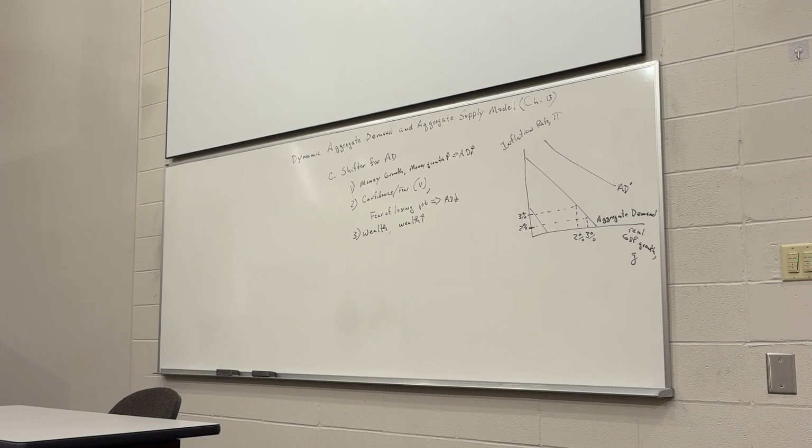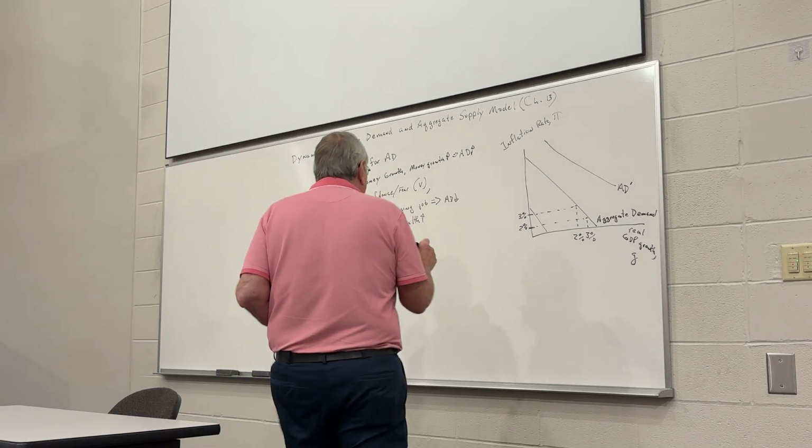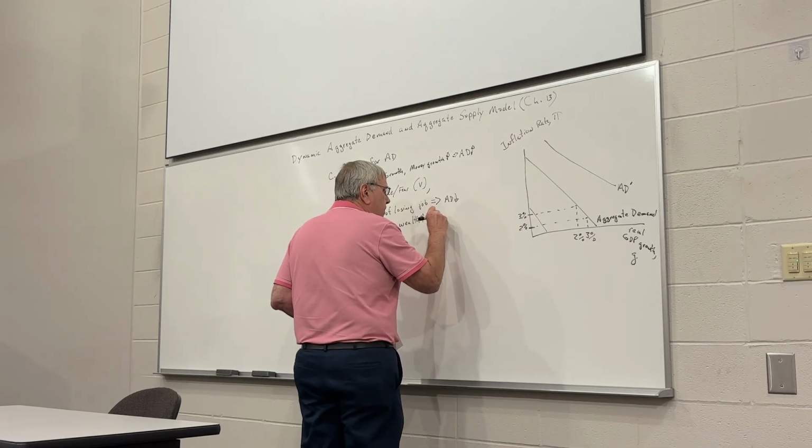Gone up. What do you think happens to the amount of spending you do? Your wealth doesn't really go up until you actually get the money, but what's going to happen to your spending? Yeah, you're going to be more confident about spending your money. So wealth up implies aggregate demand up.